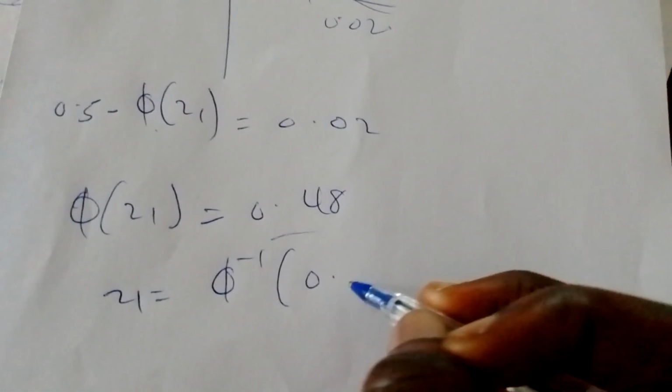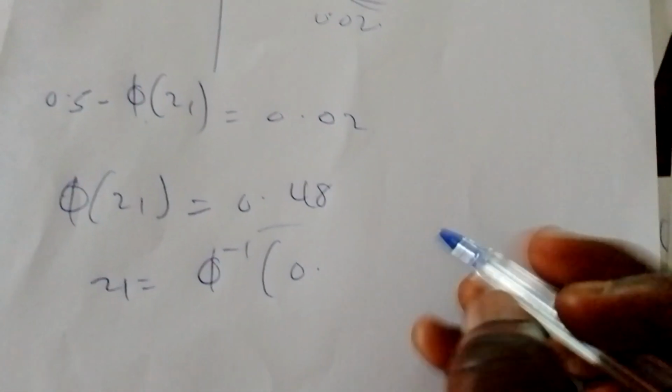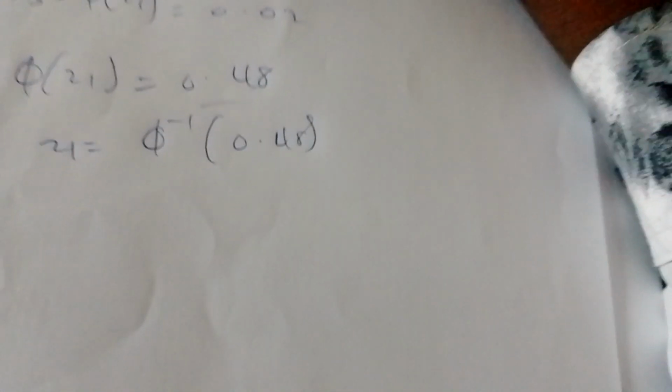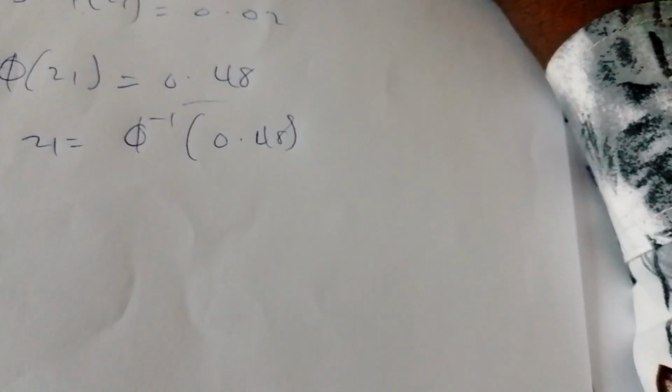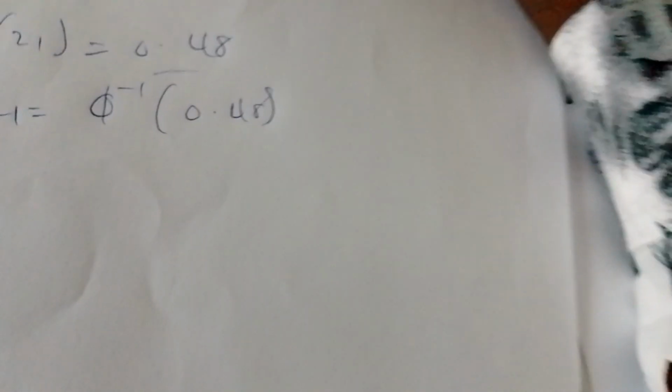Now this is not your final answer. Then you have to find z1, which will be phi inverse of 0.48. Now how do you find phi inverse? I think from the same table, this is where you have to look for the closest values to 0.48.